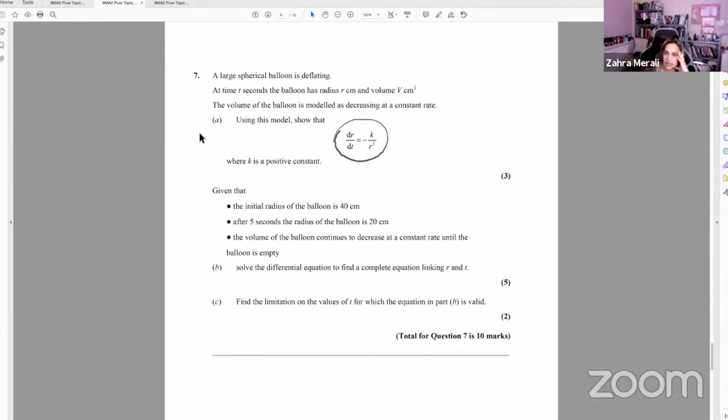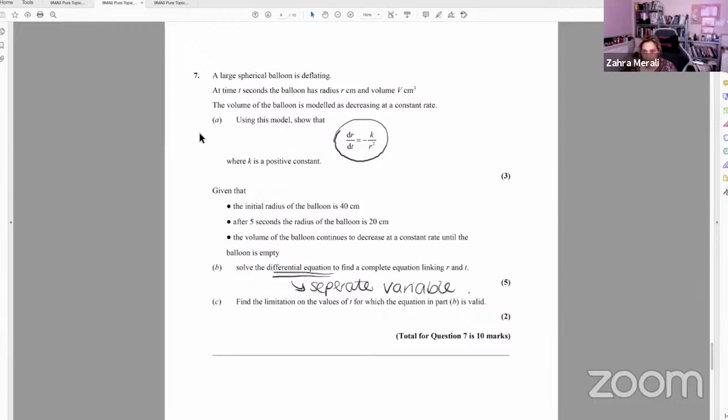So we've got dr/dt is minus k over r squared. Given that the initial radius is 40, after 5 seconds, solve the differential equation. You see the words differential equation, your brain is going to go separate variables.